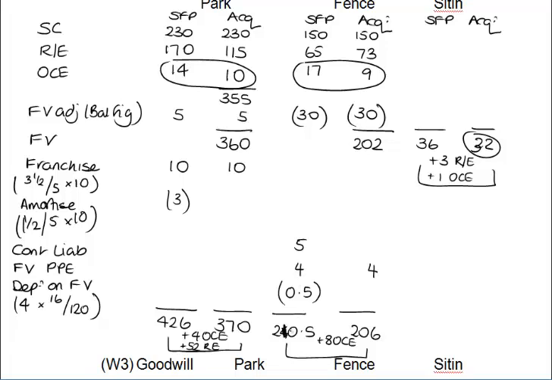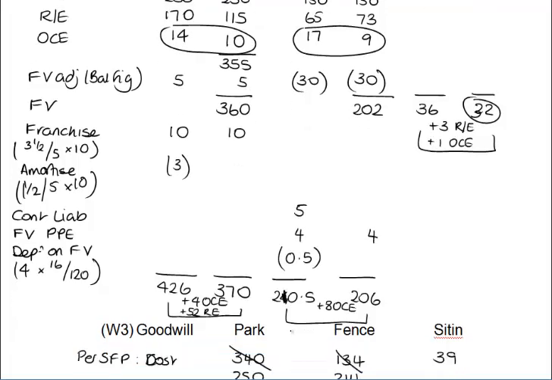I thought it was. So OCE has increased. So can you see that at the SFP date, the contingent liability was the figure of 30. If we've now got to say that the contingent liability is 25, I'm reducing the liability by 5, which is this figure here. Okay?